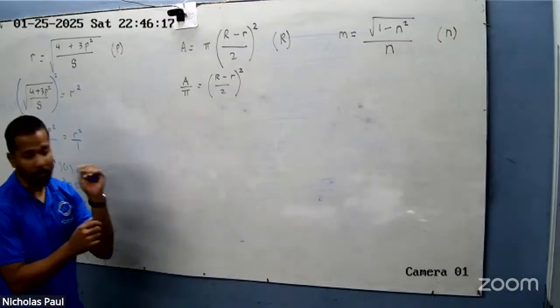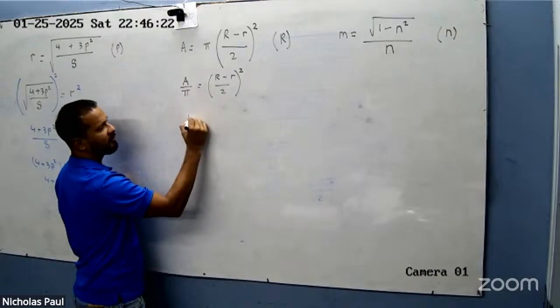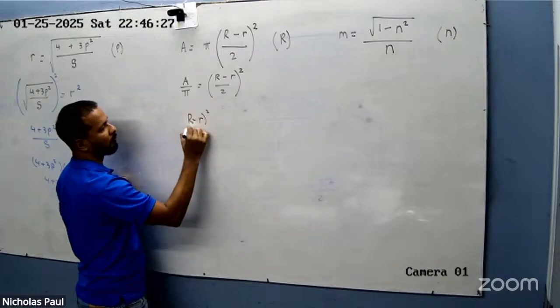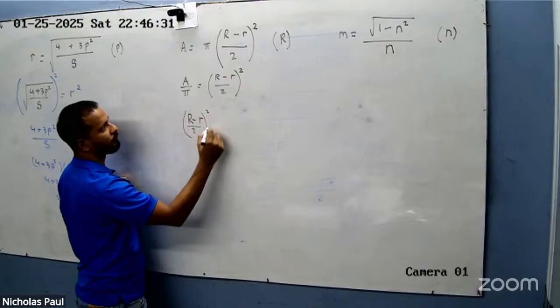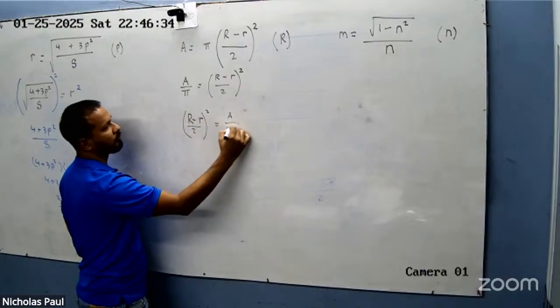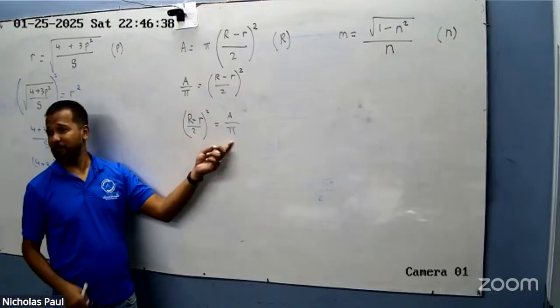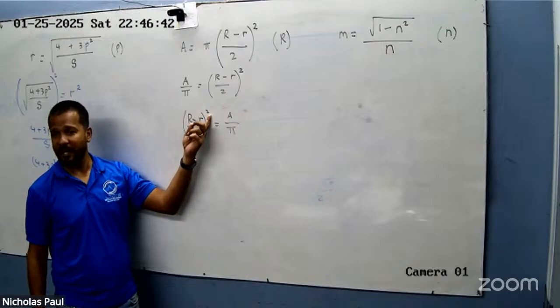Right, so I'm just rearranging, I'm just switching them around. So can we cross multiply? No, because of this squared here, right?